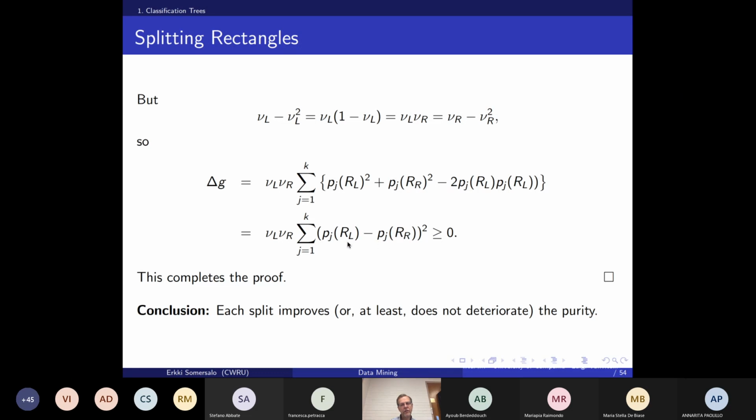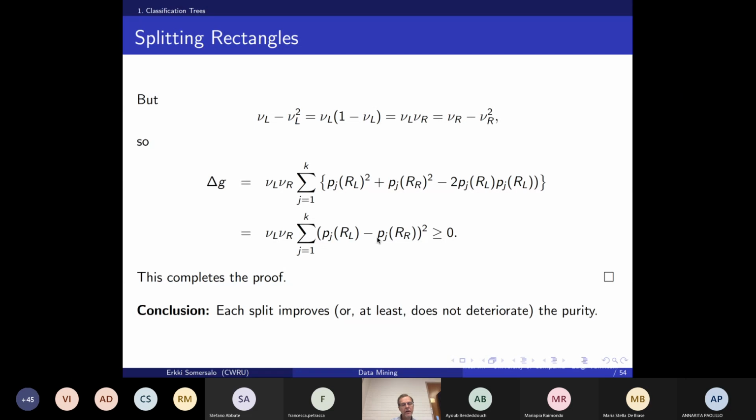That means that if you originally had 4 points in class 1 and 4 points in class 2, when you do the splitting, you have 2 points on the left and 2 points on the right in one class, and 2 points and 2 points in the other. Then these Pj's are equal and this delta G vanishes. But we are trying to make this delta G as large as possible, so that when we choose the splitting, we are improving the purity and decreasing the impurity.